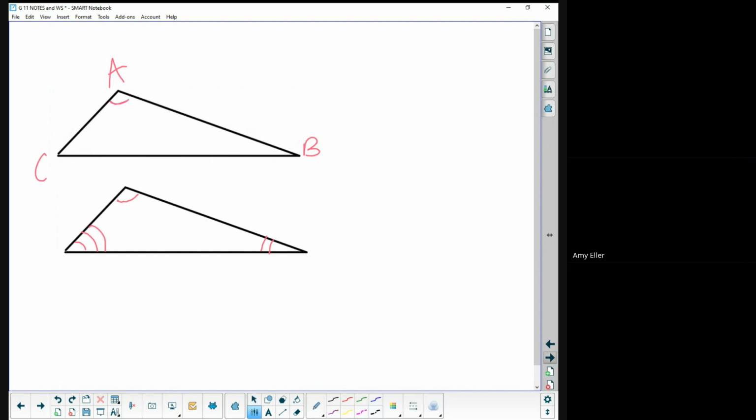So A matches with angle, we'll call it D, F. Those markings show what match.